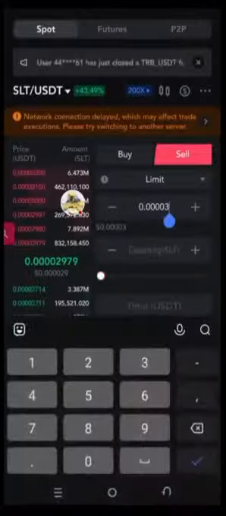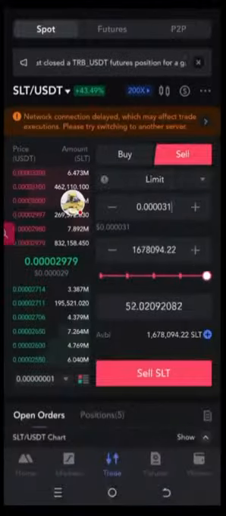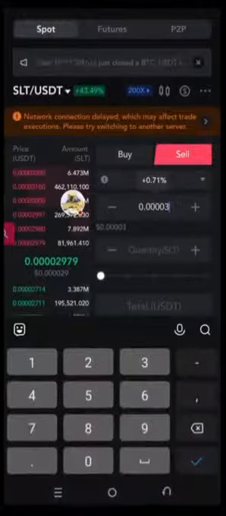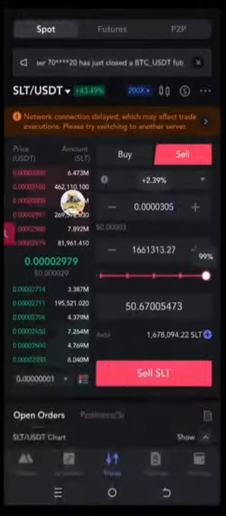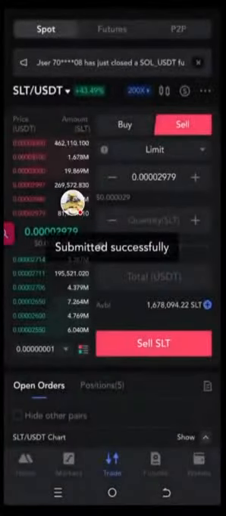Let's check 3.1. 2%. No, that's even 4%. Maybe 3.05. Let's see what that is going to give us. $1.18. I'm willing to do that. Let's go ahead and do this. Let's put that in the queue, and let's see whether this is actually going to do what it says it's going to do.